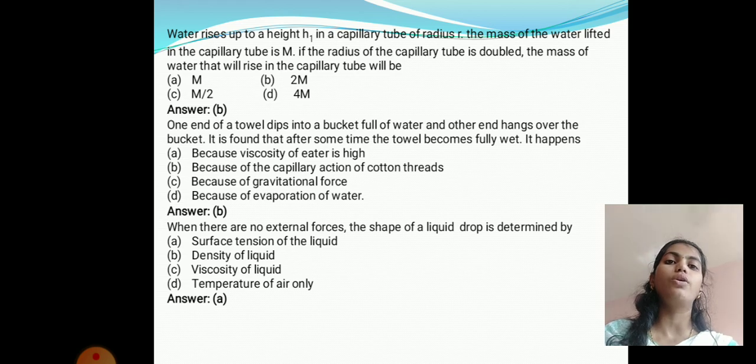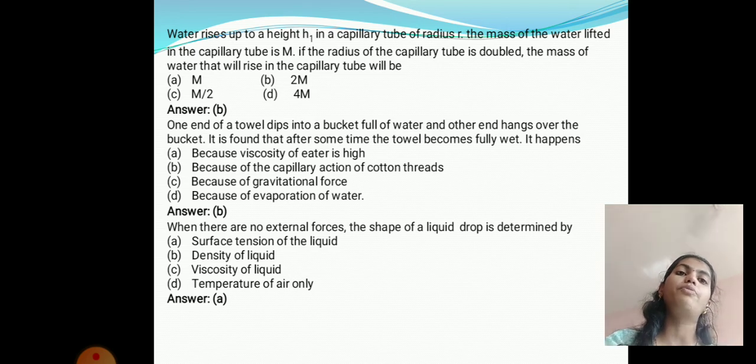One end of a towel dips into a bucket full of water, and the other end hangs over the bucket. After some time, the towel becomes fully wet. Is it because of the high viscosity of water, capillary action of cotton thread, gravitational force, or evaporation of water?